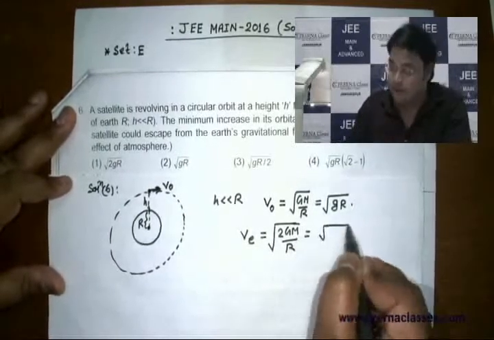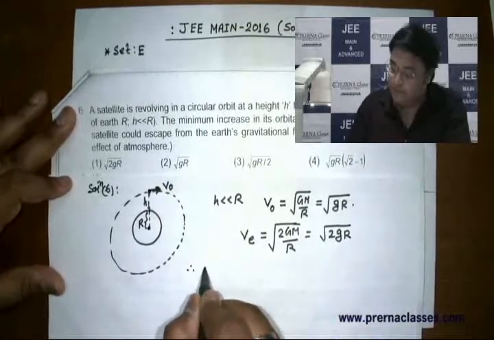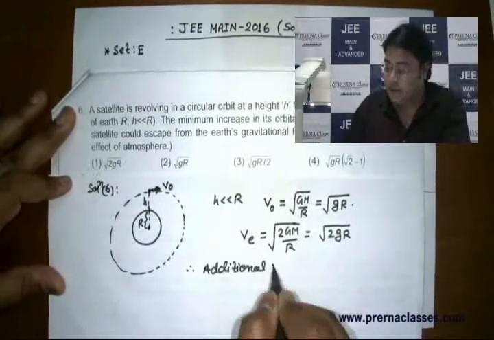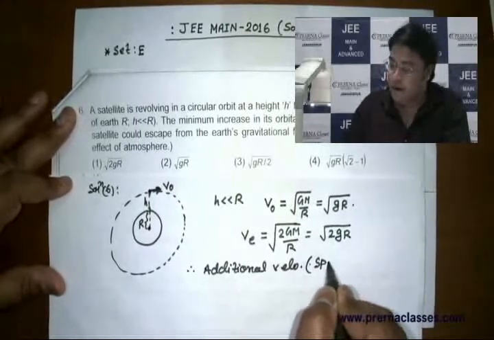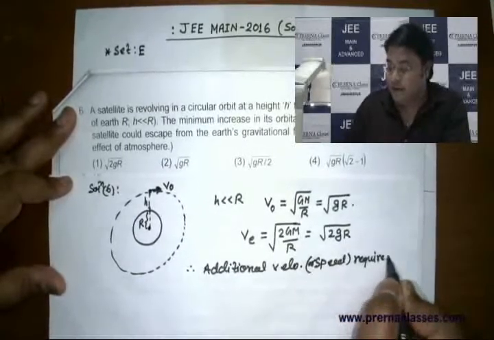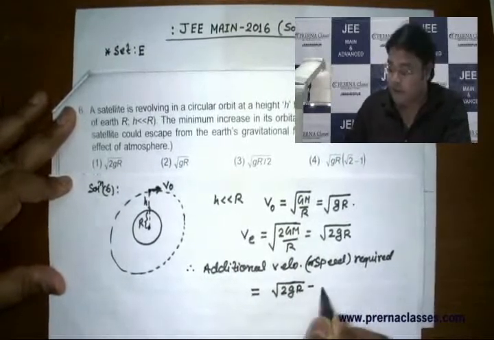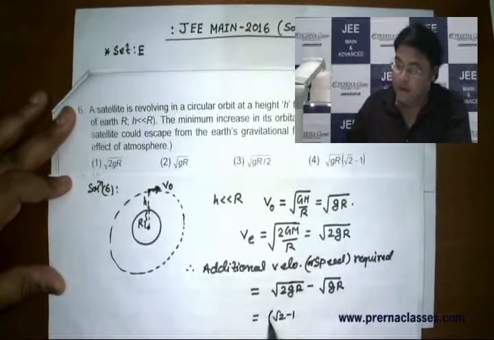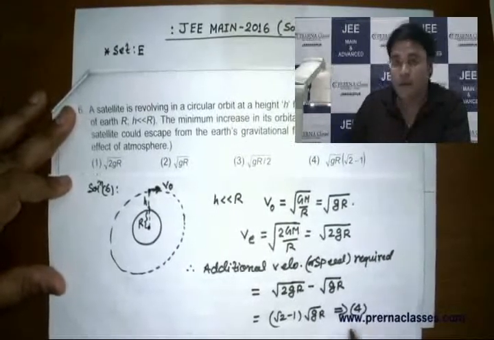So the additional speed required is equal to root 2 Gr minus root Gr. So it is equal to root 2 minus 1 into root Gr. That implies option 4 is correct. Okay?